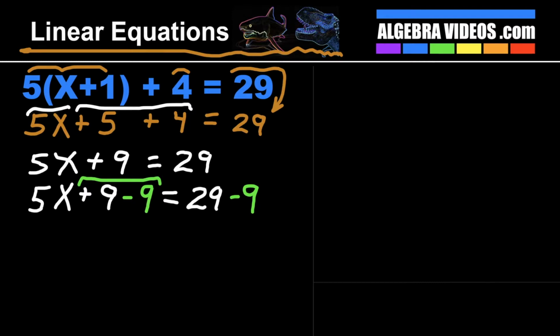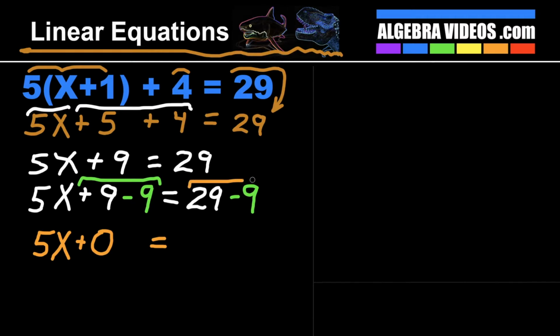I'm going to rewrite everything. First, the 5x. Okay, that I'm just rewriting. No change there. And then plus 9 minus 9. That's 0. You don't have to rewrite it, but you can. I'll rewrite it just to make it obvious. So that's what we have on the left side. And that equals, on the right side, 29 minus 9.